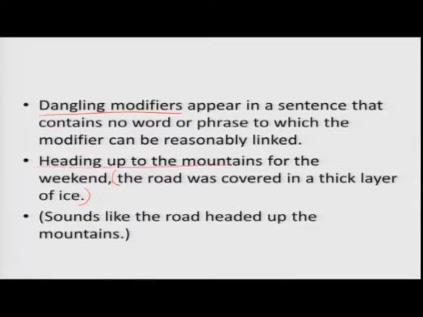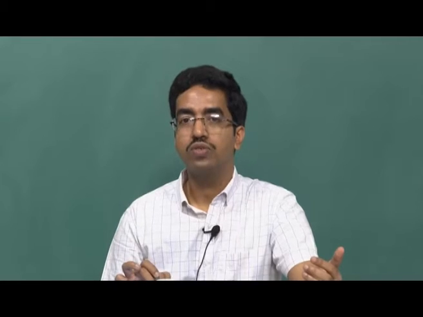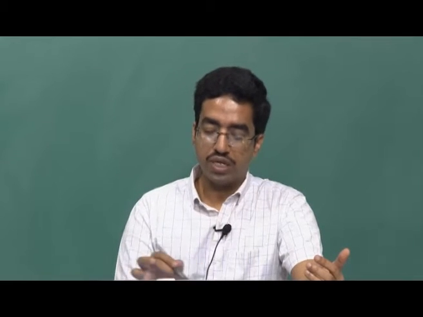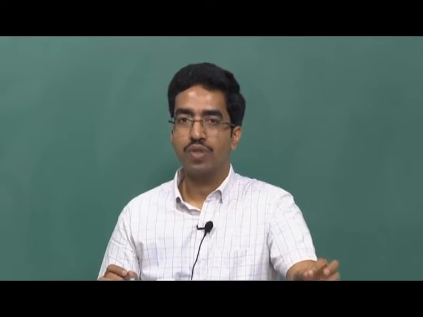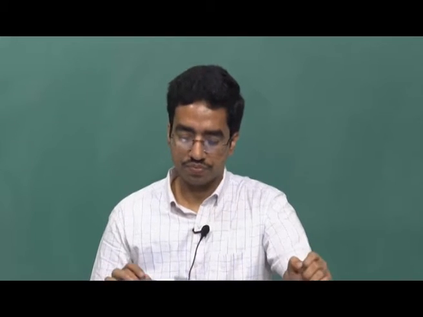This is the modifier: heading up to the mountains for the weekend. But who is heading up the mountains? Now, it looks as if the road was headed up the mountains, but this is not what you meant, right. You meant somebody there, say I or we. So, you need a subject there.